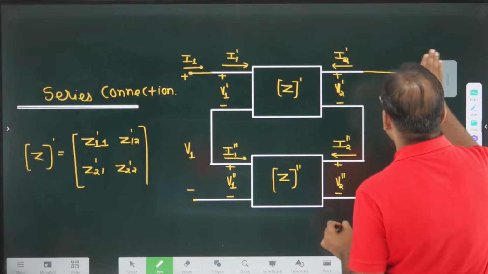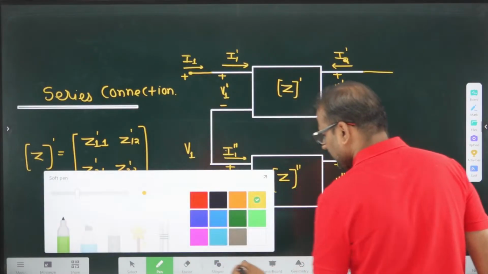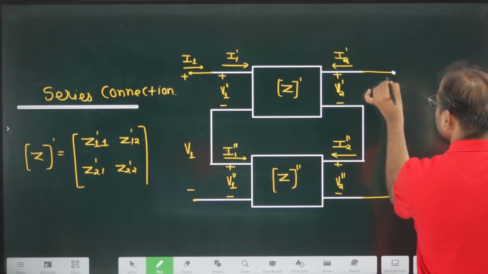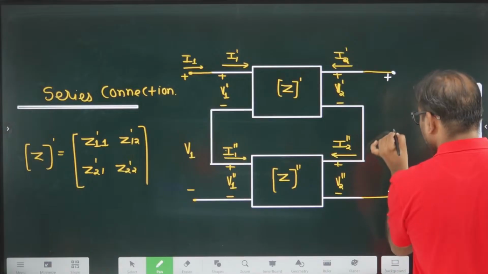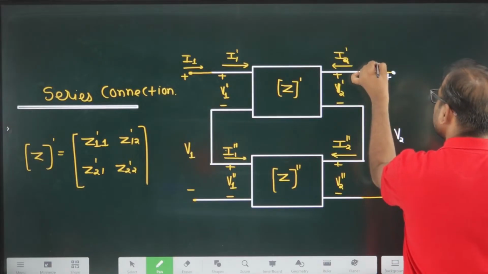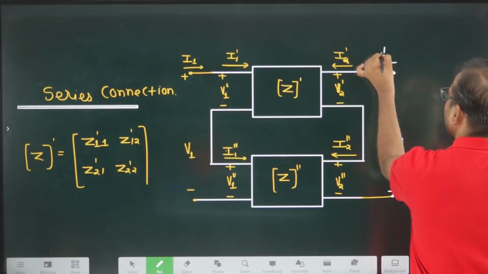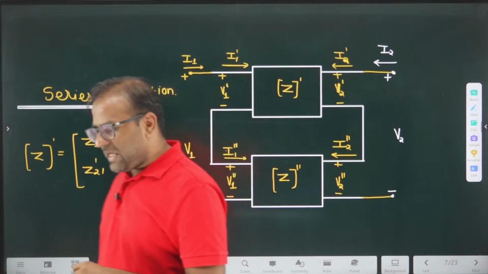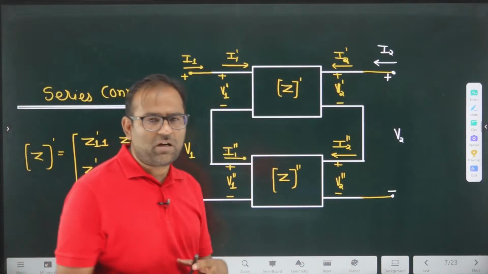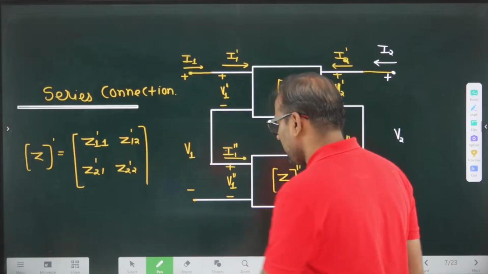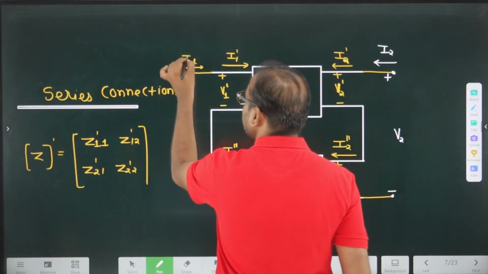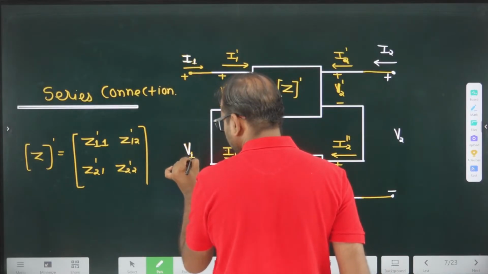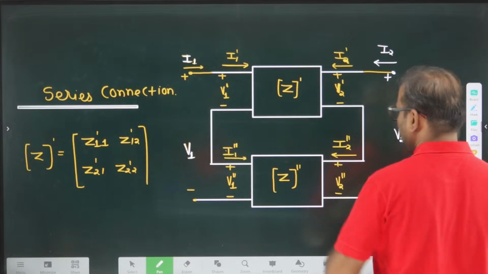I am calling this value as V2. अगर इस वैल्यू को लिखूं, this value is V2, and let's say this current is I2, correct. So we are having the data in our standard format, where these are the standard data. Let me represent it by white pen. I1, this is V1, this is V2 and I2.